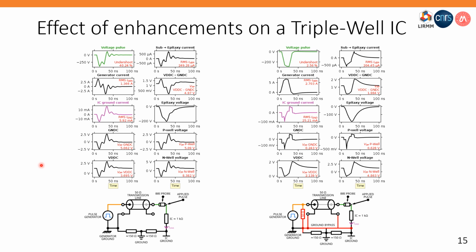From top to bottom and left to right, the signals are, in order of appearance: the generator voltage pulse in green in that case, the current delivered by the generator, the current measured at the IC ground pin in purple, the local GND voltage, the local VDD voltage in the standard cell, the current going from the substrate to the top of the standard cell flowing through the epitaxy level, being the last level at the top of the substrate before the transistors and everything.